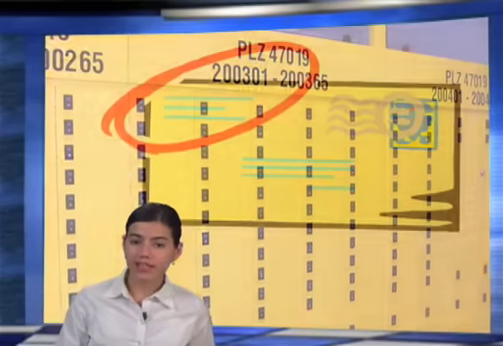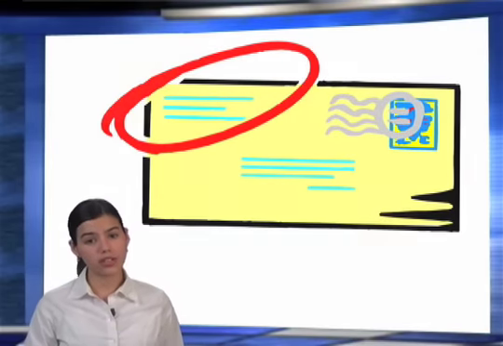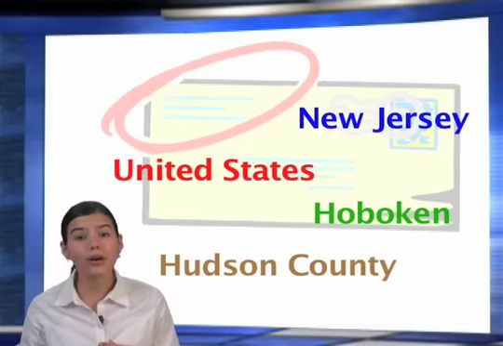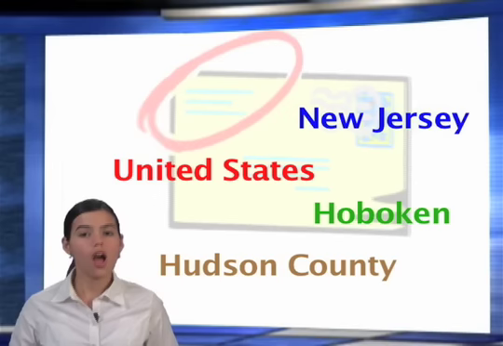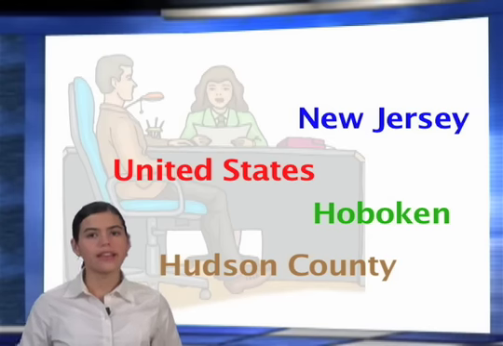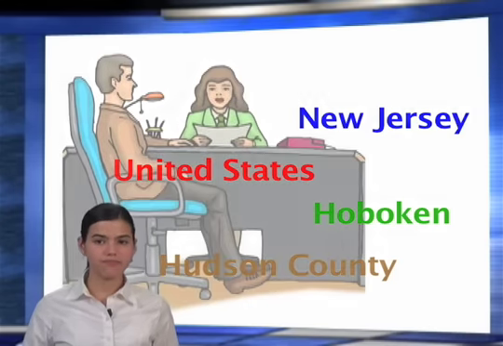You might be asked to give details about your address, including the state, country, city, or county you live in. Often people are asked to spell the details of their address, like their state or city. At this point, many people are asked to show identification.